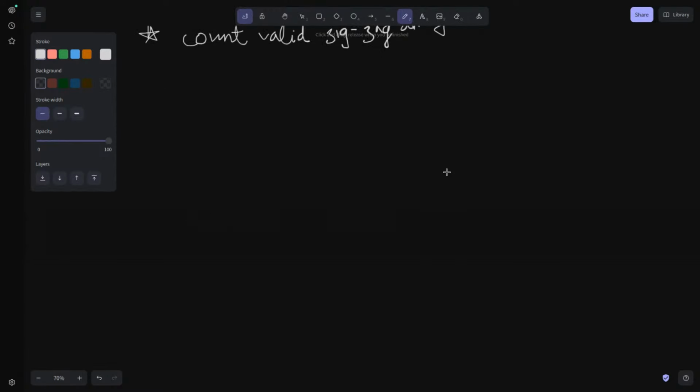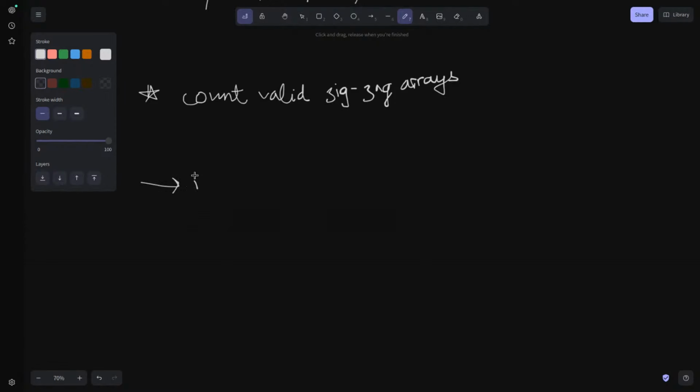And the way we're going to do it is, okay, if for some length n, I have some count, then what will be the count of valid zigzag arrays for length n plus 1?